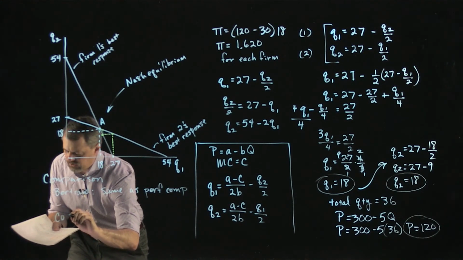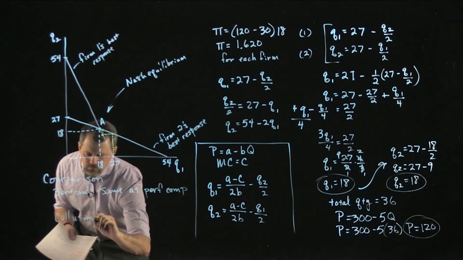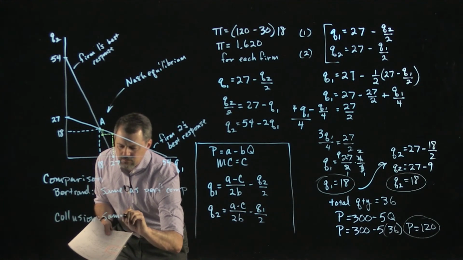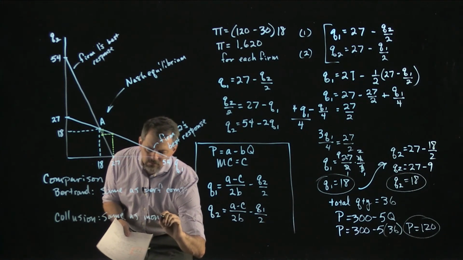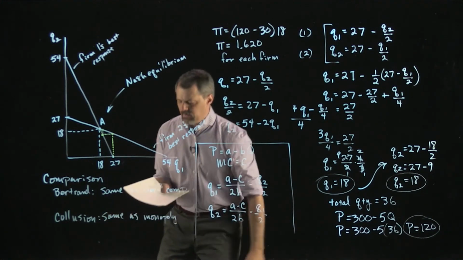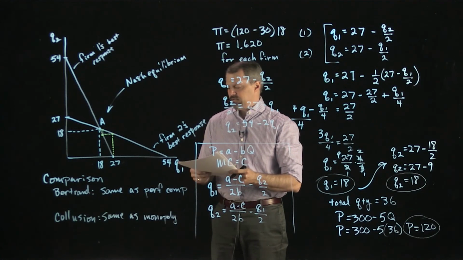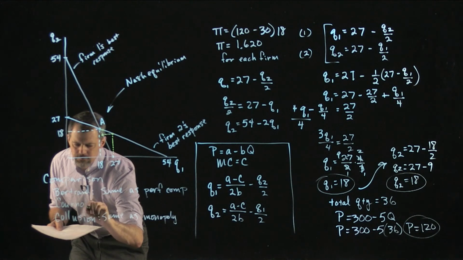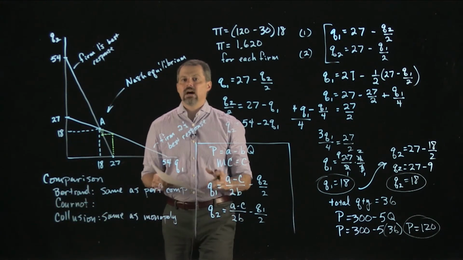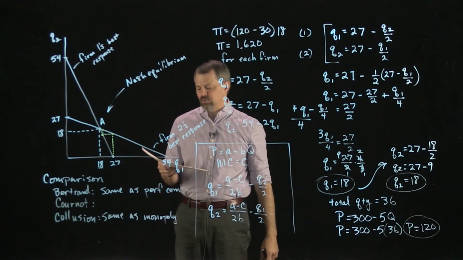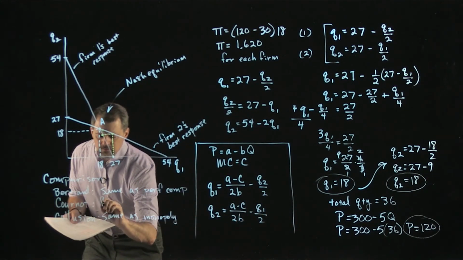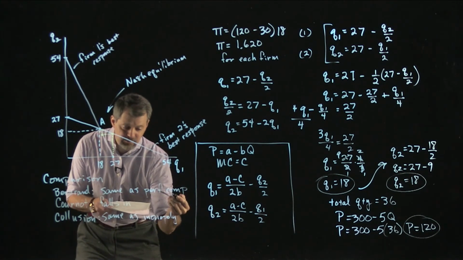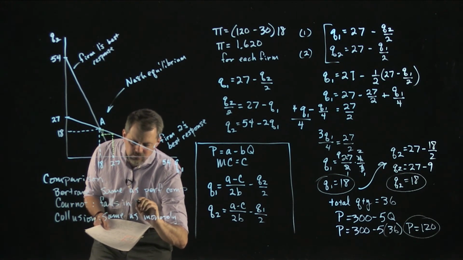So we talked about collusion. Collusion is the same as monopoly. And then we've talked about Cournot competition. And not surprisingly, Cournot falls in between the two. Falls in between the perfect competition outcome and monopoly.